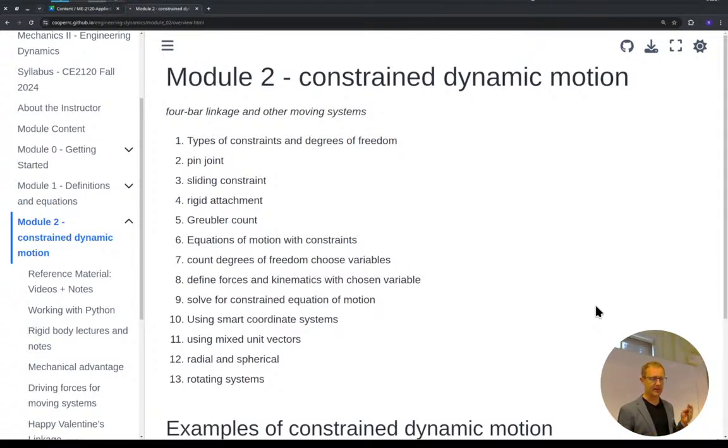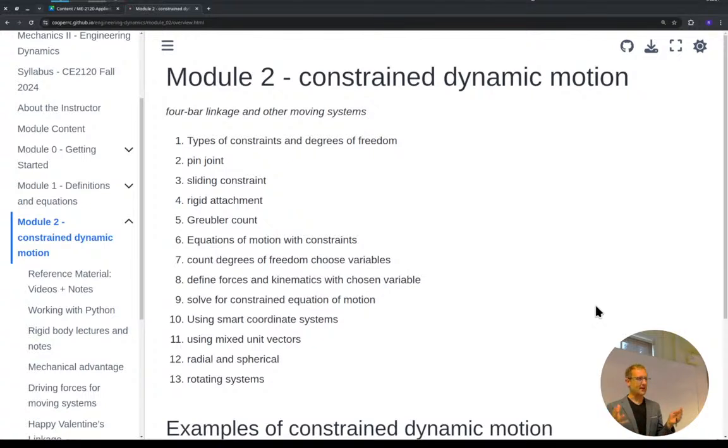And also, how do forces work when we have constrained motion? A lot of times this is called inverse dynamics. You know what you want to do. I know I want to accelerate this thing at 1 meter per second squared. I know it's 1 kilogram. So now I can say F equals 1 times 1. I need 1 Newton of force.